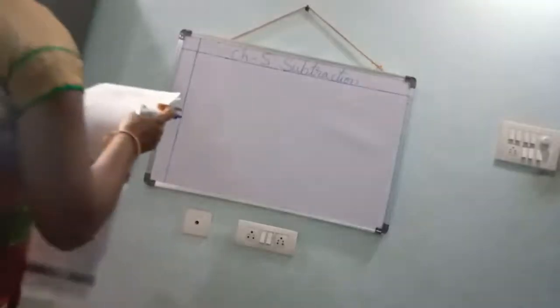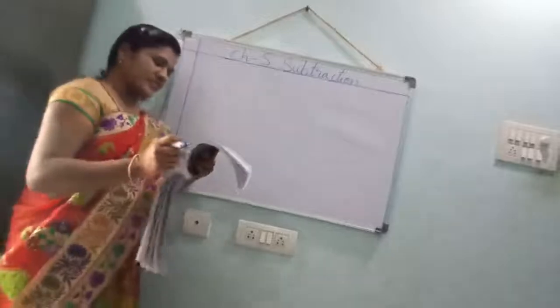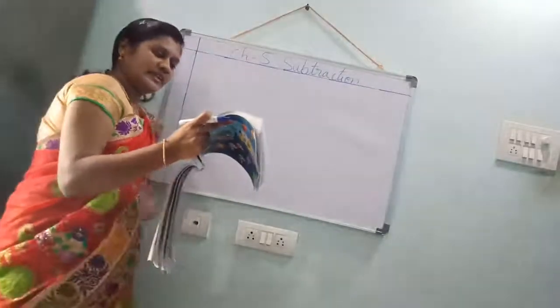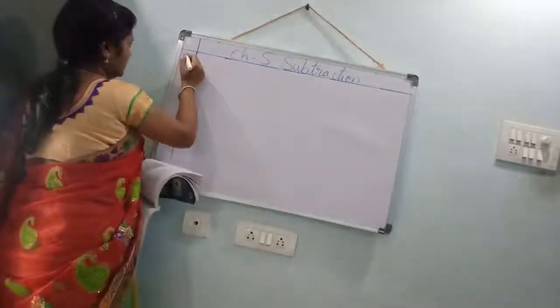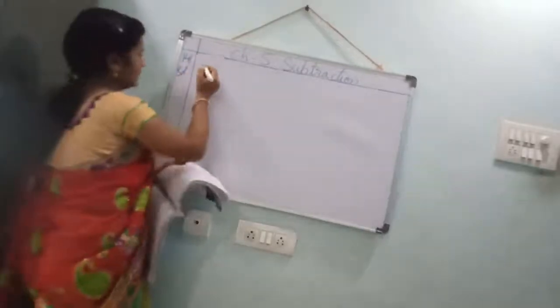Children, 13th one over. Now, 14th one. Estimate the difference between 458 and 274. What you have to do? 14th one, solution. See, you should do the rounding off.